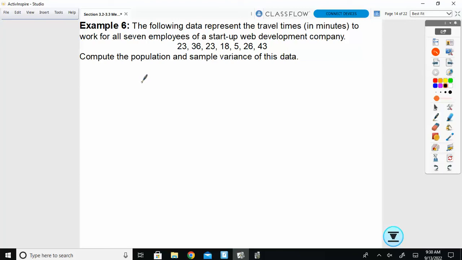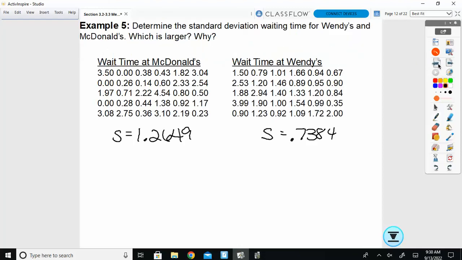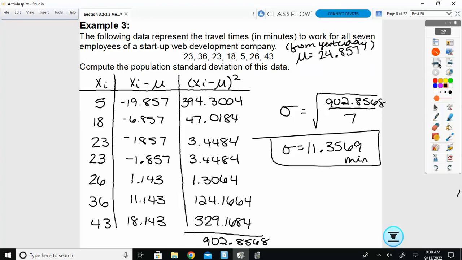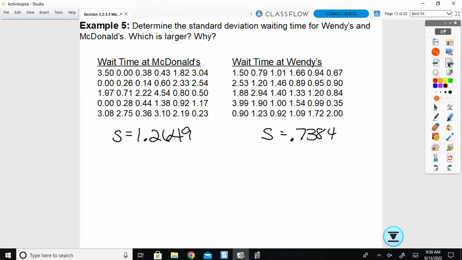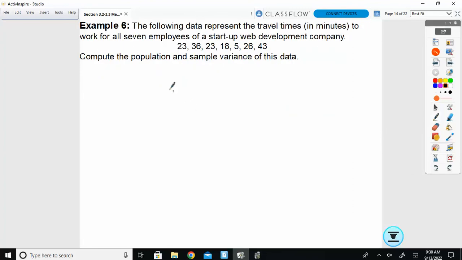So if I ask for the variance for this one, we did the standard deviation on, which example was that? 3? Is that right? So when we did all 7 employees, we got a standard deviation of 11.569.